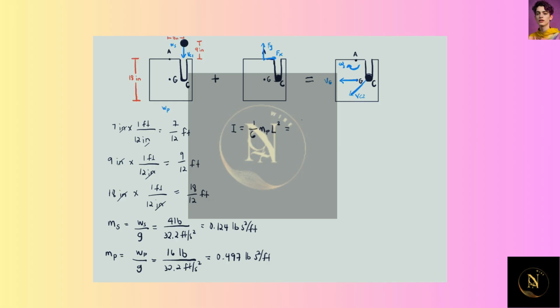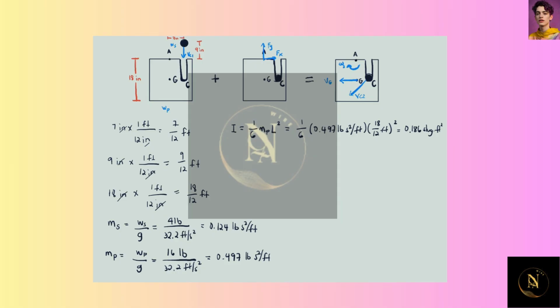In our case, this is 1/6 times 0.497 pound second squared per feet times the square of the side, which is 18/12 feet. This gives us 0.186 slug feet squared.